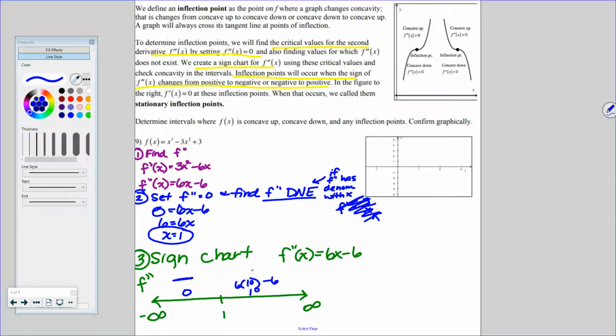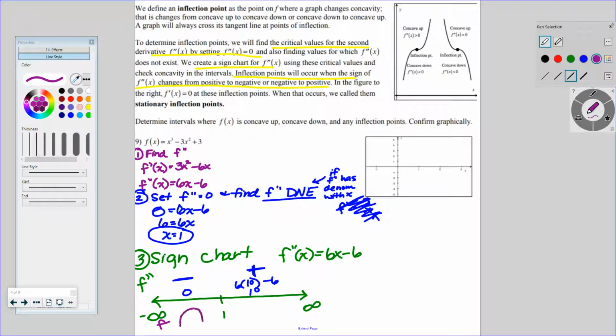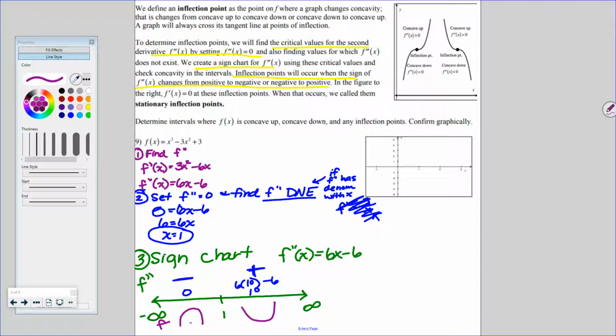That would be 60 minus 6, which is positive. So if f double prime is negative, then f would be concave down from negative infinity to 1. And then f double prime would be positive from 1 to infinity.